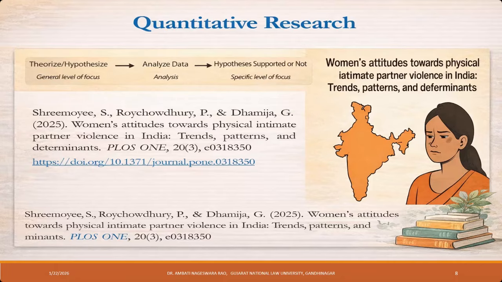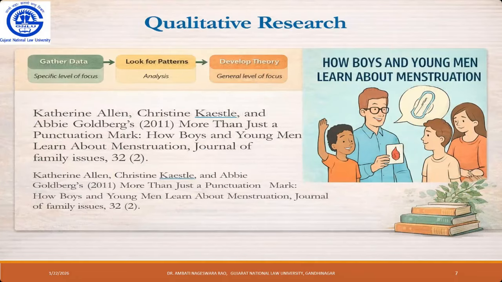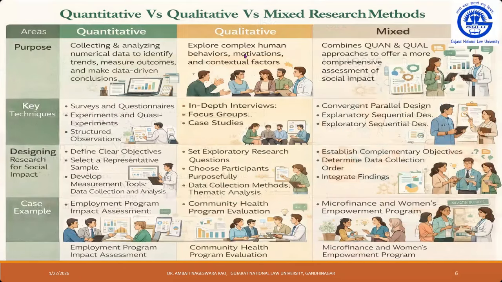So there is a difference between qualitative research and quantitative research. In qualitative research, we basically use in-depth interviews, focus group discussions, and case studies. Whereas in quantitative research, we use surveys, questionnaires, experimental designs, and observation, like structured observation checklists. In quantitative research, your main objective is to generalize your findings.